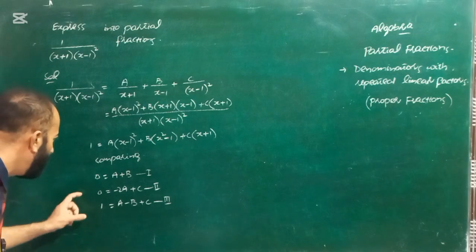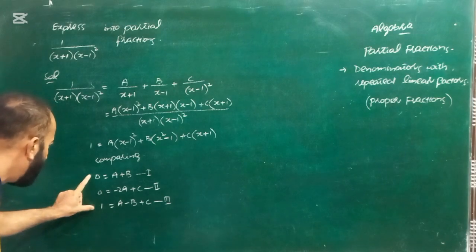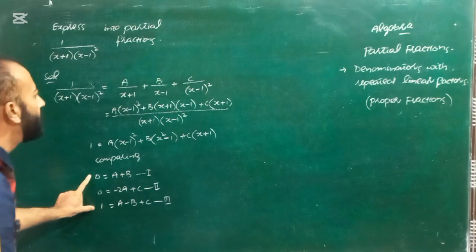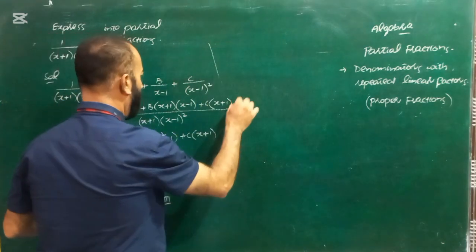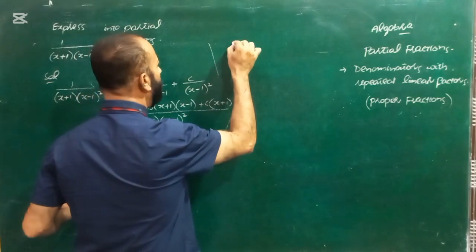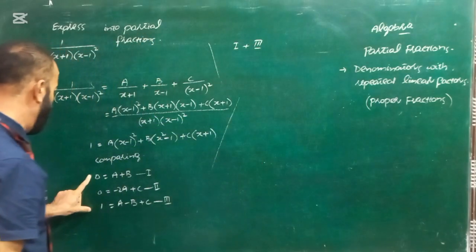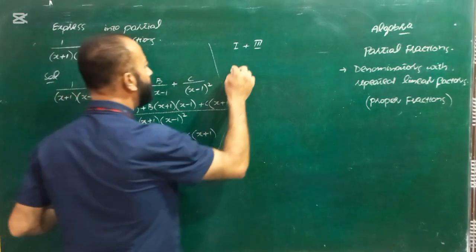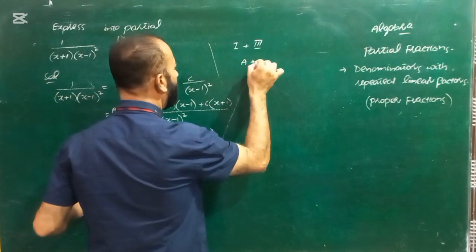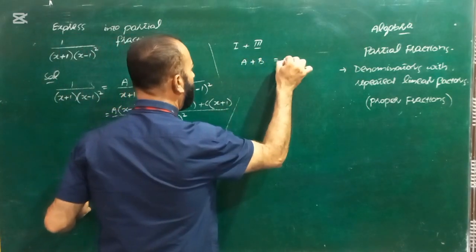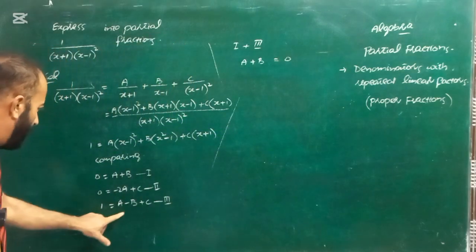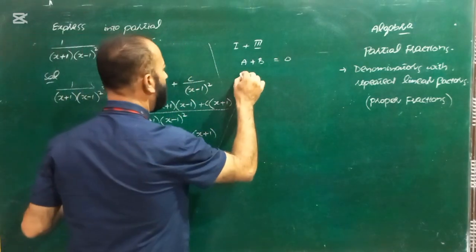Okay, from here you can see, if we solve equation number 1 and 3, if we simply add them. So look now, equation number 1 plus 3. So 1 is a plus b is equal to 0, and 3 is a minus b plus c.